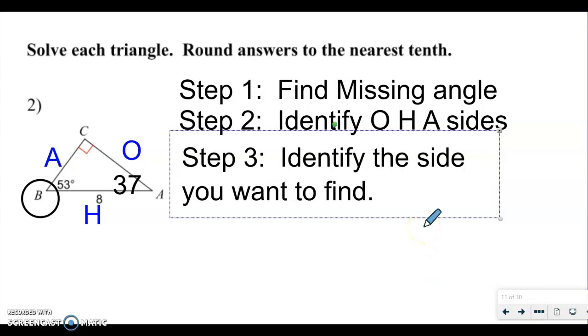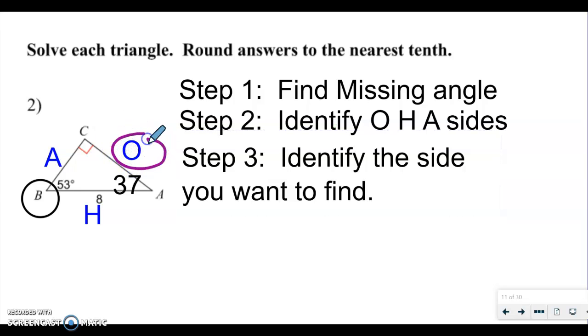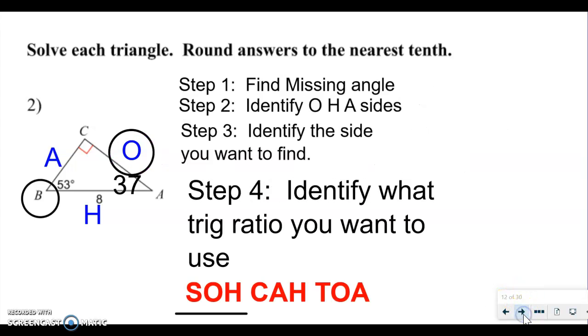All right, we want to identify the side we want to find. So just to spice things up, we'll find this side right here. We'll find the opposite side.